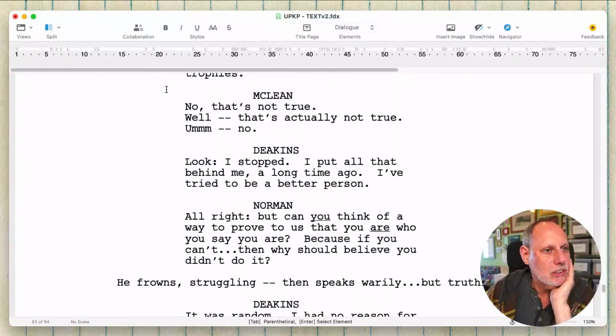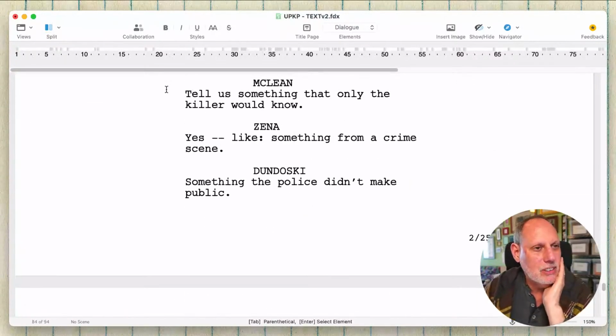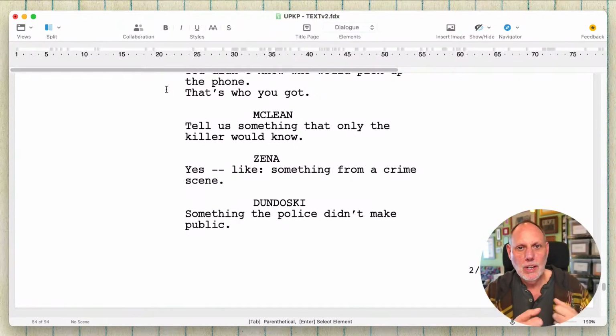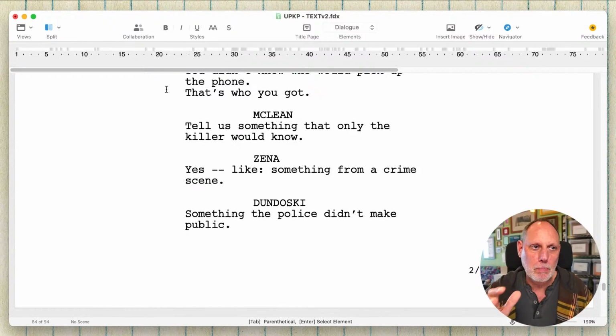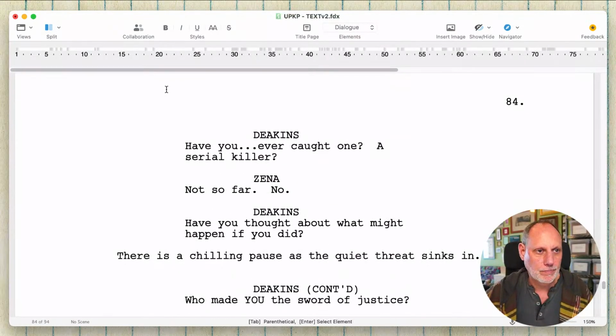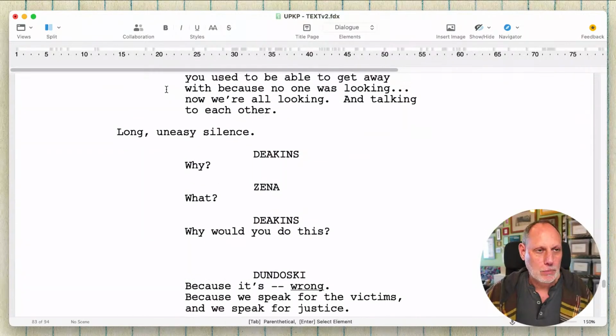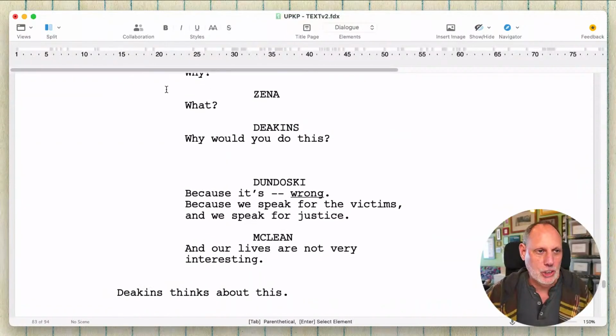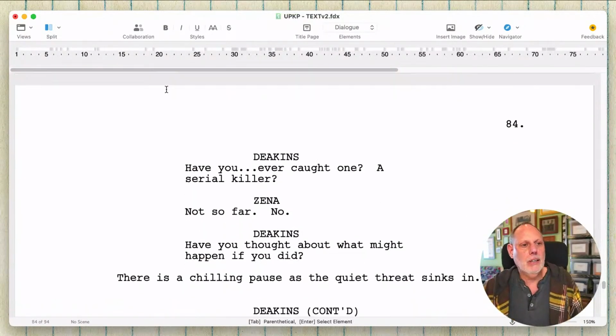Where can I put this little section of the script where Xena is trying to get Deakins to let her in and become a pal? She's trying to buddy up as one does. But this whole section, he's sort of attacking her. She wouldn't do it there.